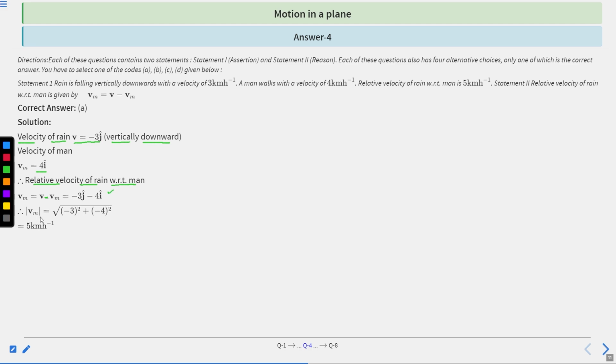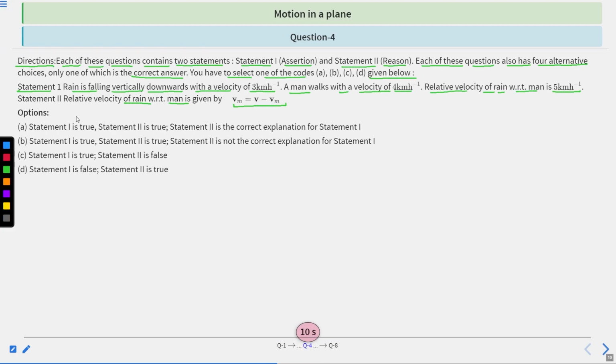The magnitude of this, after calculating, is equal to 5 km per hour. So the correct answer is A, 5 km per hour. Option A is correct.